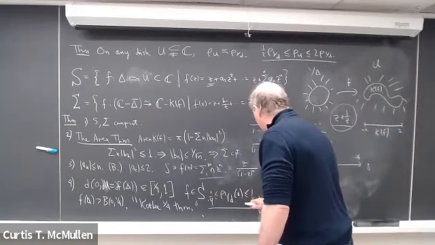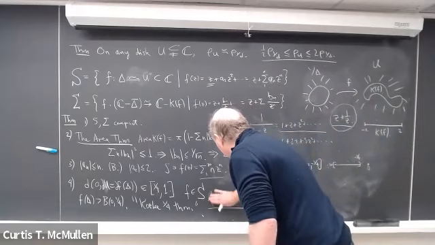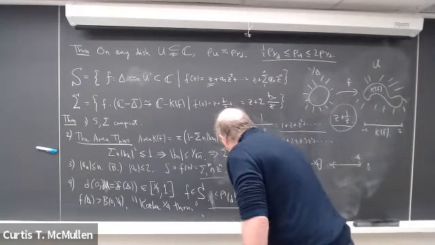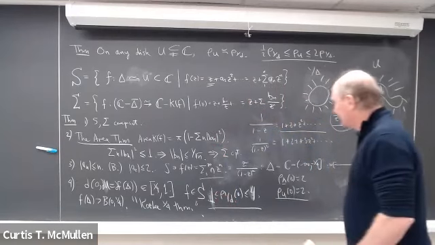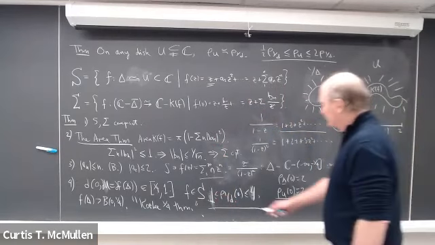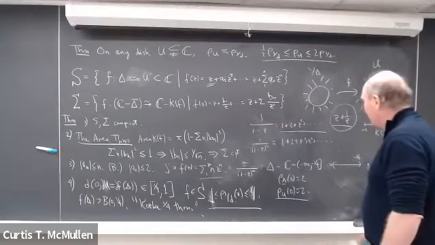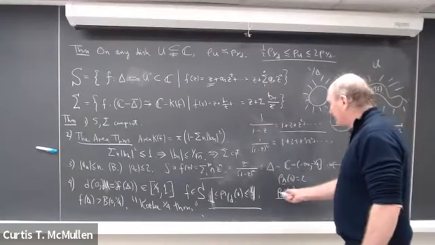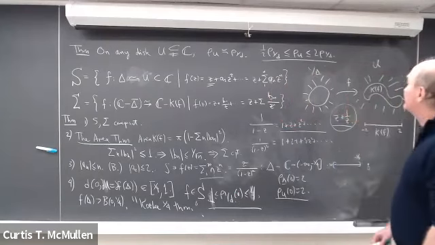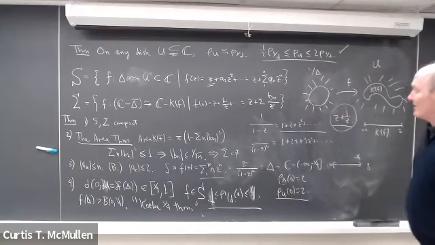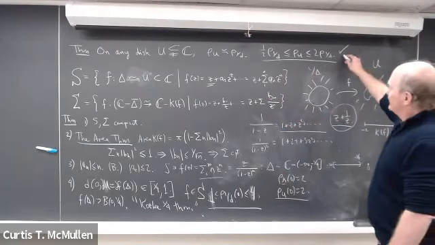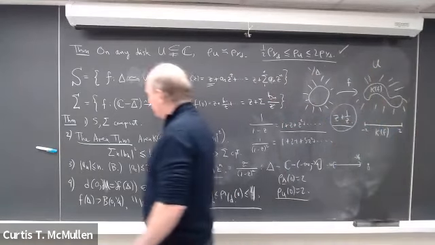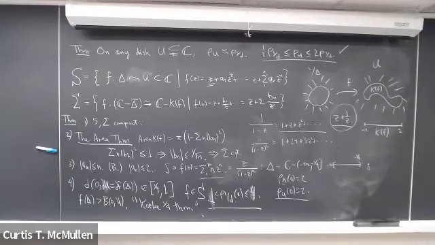Sorry, I should have put 4 here, because the distance is 1/4, the 1 over d metric is 4. If the distance is 1, the 1 over d metric is 1. In any case, you see that this number and this number differ at most by a factor of 2. So that implies this theorem here. Okay, so the desired theorem is a consequence of what's called the 1/4 theorem.